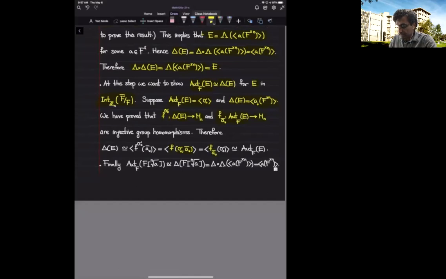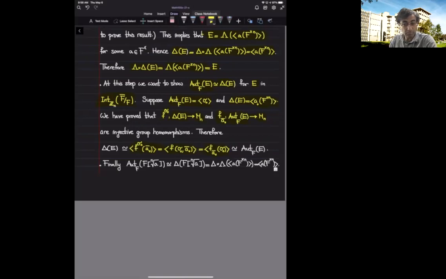So when I apply this to sigma naught, I get the same Kummer pairing by definition. So this means that the image of F sub sigma naught is the same as the image of F sub A naught bar. So these are the same subgroups of M sub n.